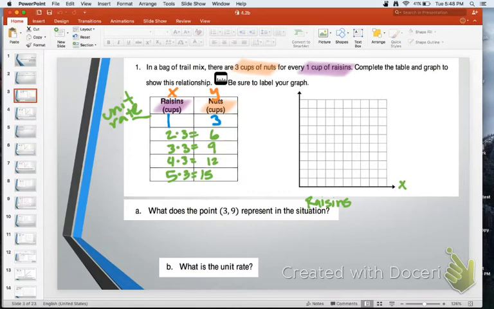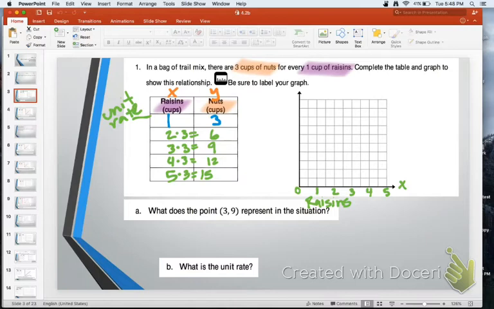So I'm going to skip count by 1s. So here's my 0. I'm going to skip and then go 1. Skip and go 2. Skip 3. Skip 4. Skip 5. All right.